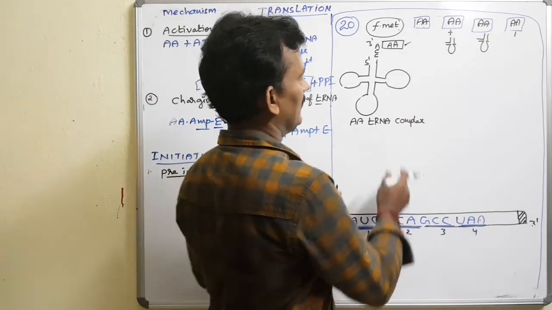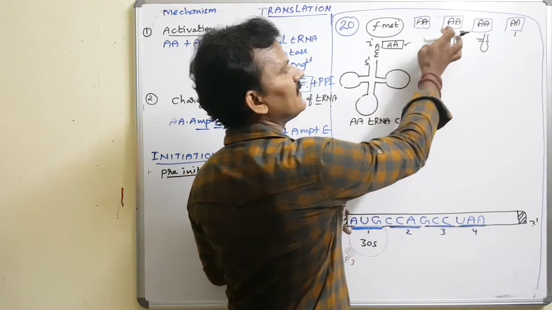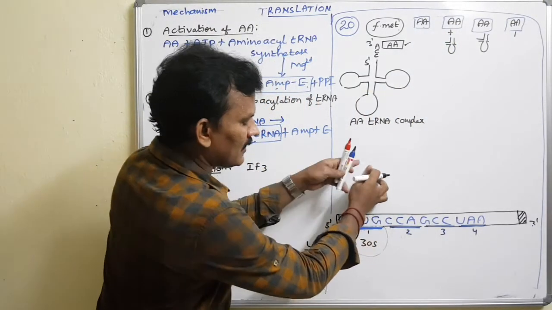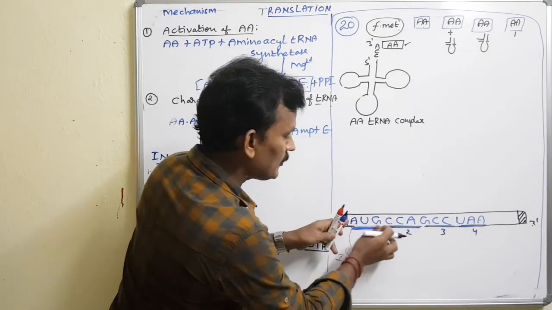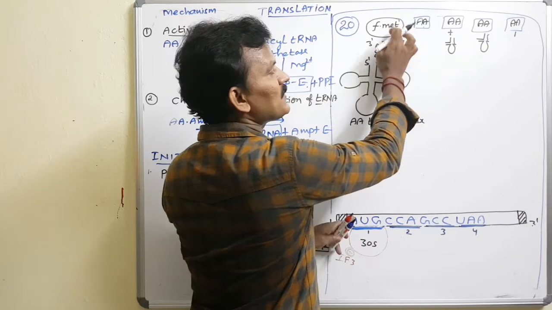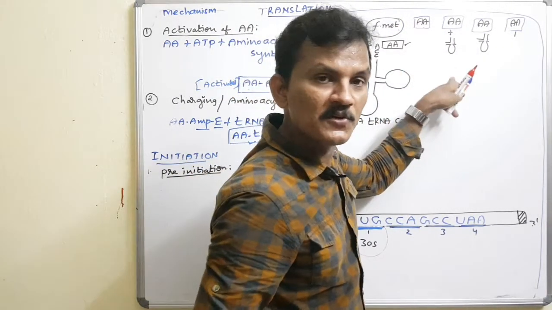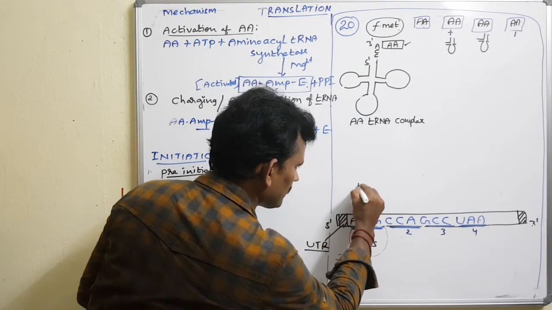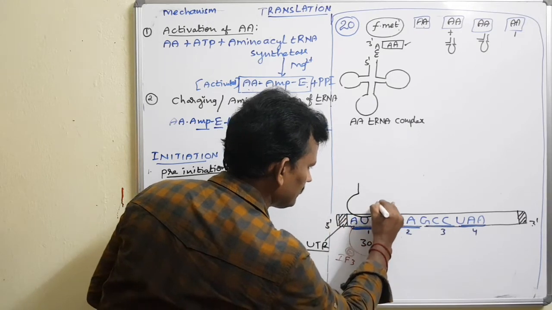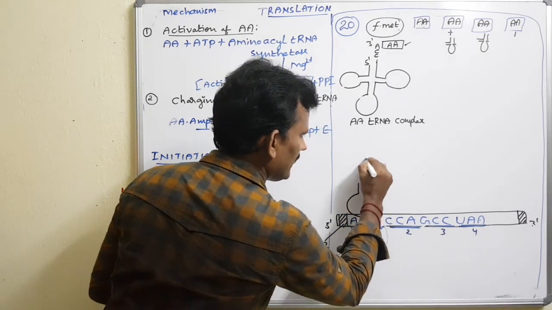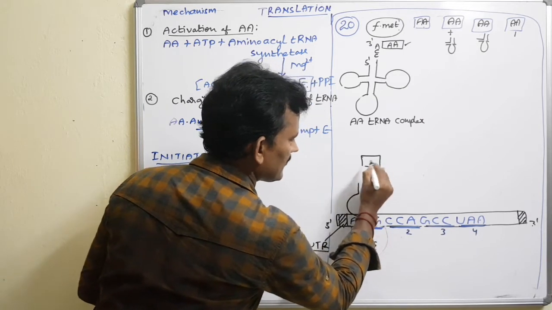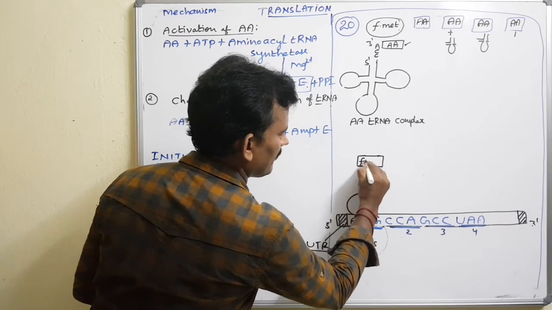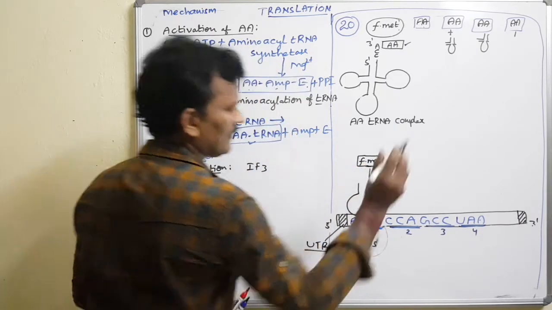In the next step, a charged tRNA with an amino acid comes and is complementary to AUG. AUG represents methionine. So the tRNA bound with methionine comes here. This is the anticodon arm, and the tRNA carries fMet, formylated methionine, one amino acid.